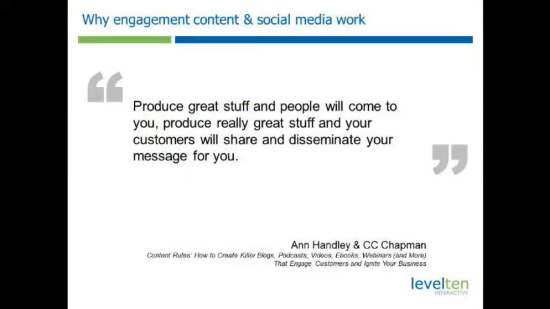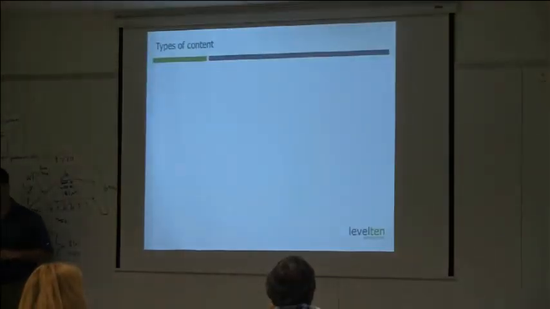Another one's Content Rules. And I've read a bunch of other ones that are just a bunch of fluff. I won't get into what those are. But these 2 get into some pretty good theory and meat. But I love the way they phrase it. Produce great stuff and people come to you. Produce really great stuff and people start championing you. I phrased it a little differently, but so how do we produce great stuff?